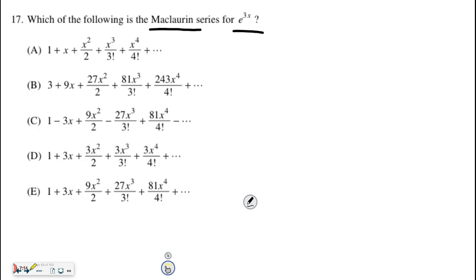The easy way, which is this one. I have no idea which one it is. I know there's no alternator in E, so I'm going to eliminate that one.